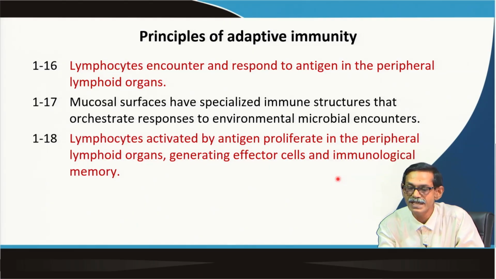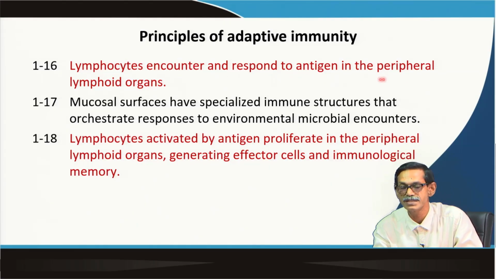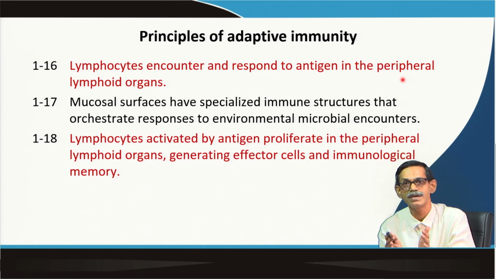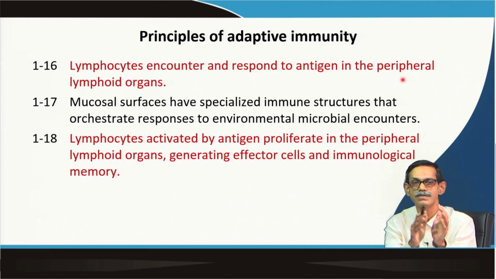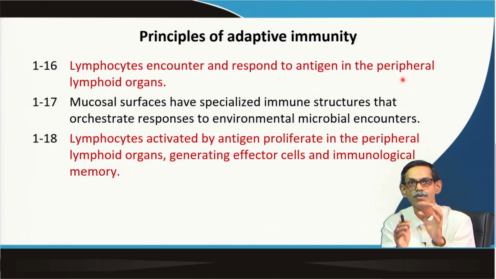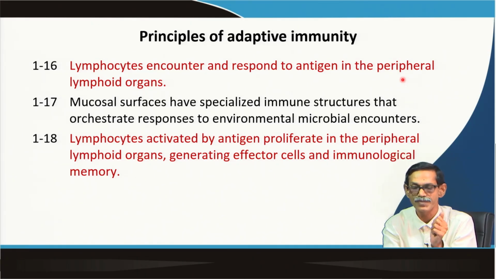The lymphocytes encounter and respond to antigen in the peripheral lymphoid organs, which are the lymph nodes and spleen. After producing and maturation, they go to the secondary lymphoid organ, where they interact with the antigen or the pathogen.